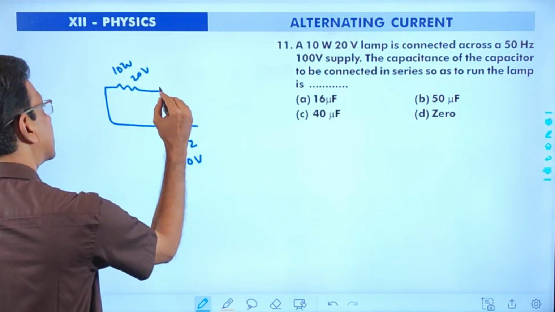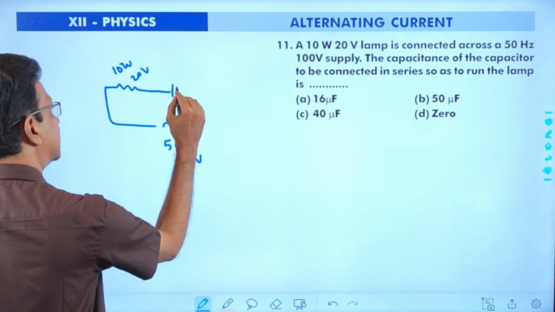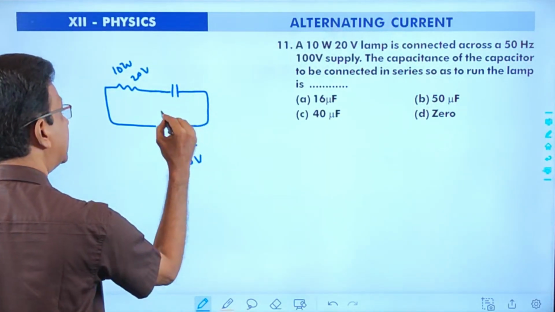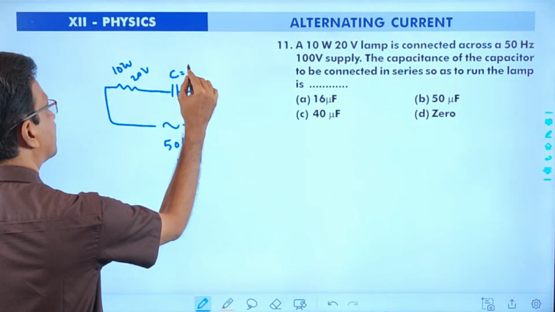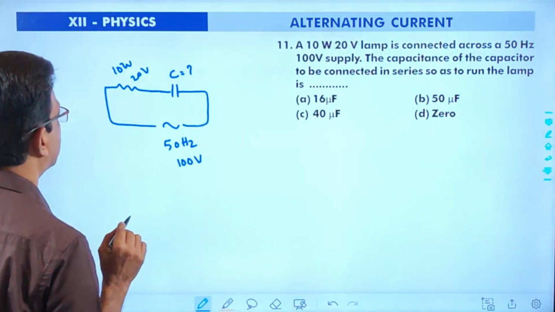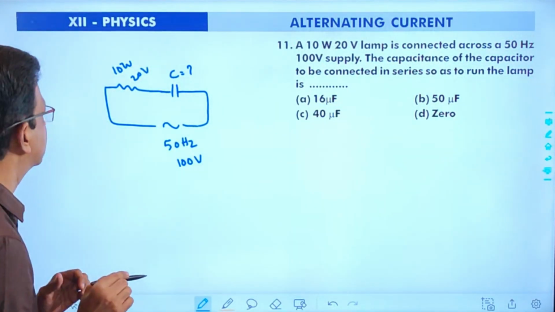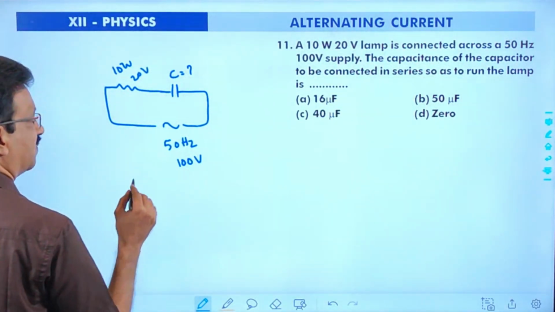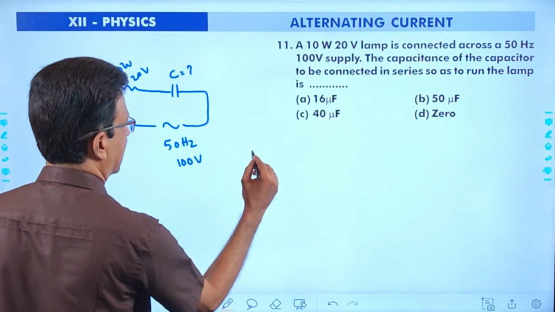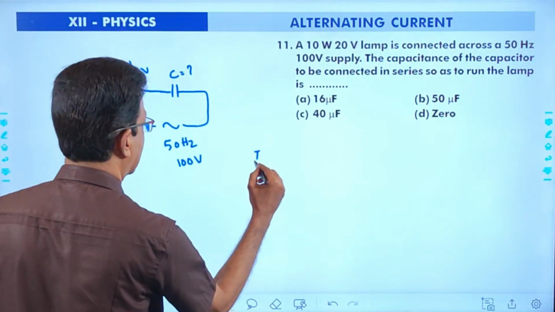Then what should be the capacitance of a capacitor to be connected in series so as to run the lamp? That is the question.